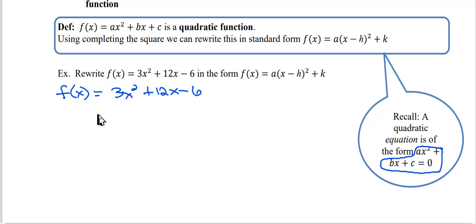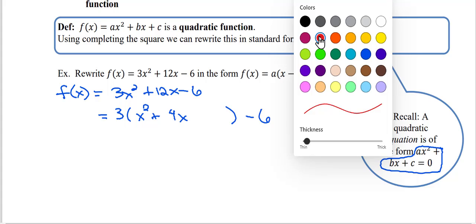We have to be really careful because we still want that function notation on the left side. We do know that we have to factor out the 3, at least out of these first two terms. I'm going to leave a little bit of space if we want to complete the square, because remember, from completing the square, we had to have a 1 as the coefficient on the x squared.